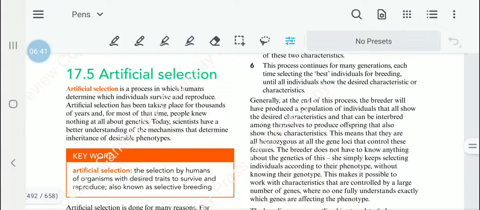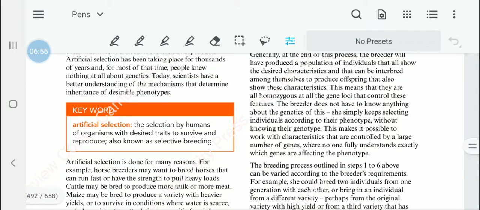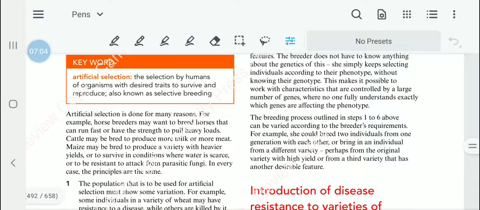That means they are going to be homozygous at all gene loci that control the feature. This is gained without knowing too much about genetics. We can look only at the phenotype; we don't need to know anything about the genotype.